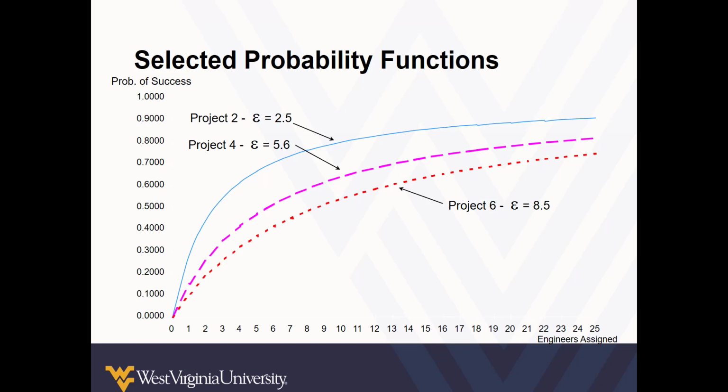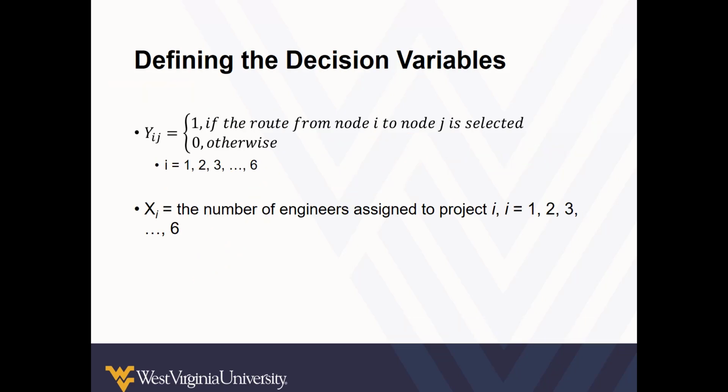TMC's directors agreed to hire up to 25 engineers to assign to these projects and are willing to allocate $1.7 million of the R&D budget to cover startup costs for selected projects. They must pursue the project selection and resource allocation strategy maximizing the expected NPV. TMC's directors make 2 separate but related decisions.